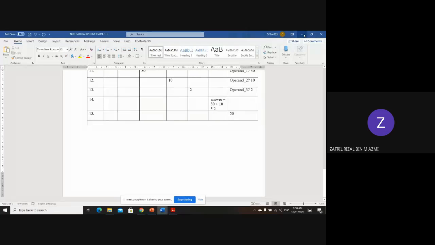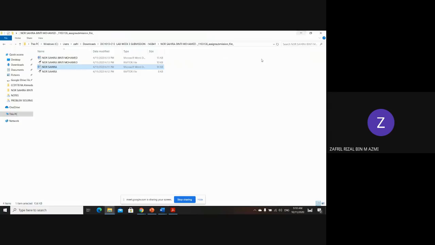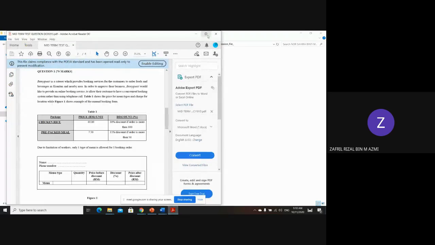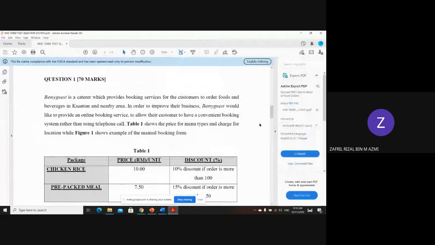Last week's exercise was a very basic exercise actually. For this week's lab, we are going to do a midterm test. Not the real midterm test. It is a real midterm test question, but from past semesters.